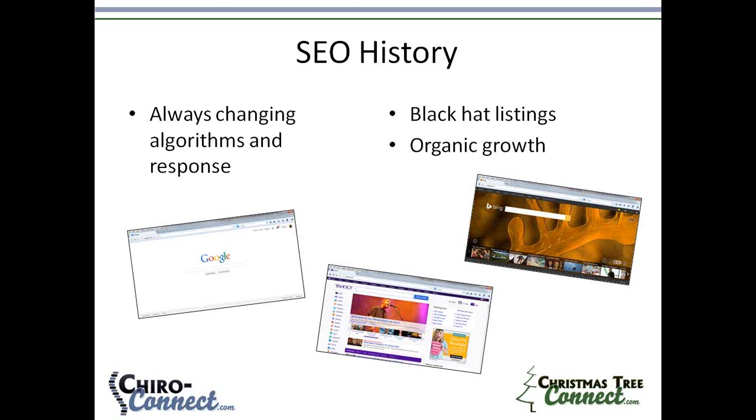Some of the things that would fit under black hat would be keyword stuffing, so basically just throwing a keyword you want ranked for incoherently within your text and within your website. Some people also would call that invisible text, so making these stuffed keywords invisible to a visitor to your site.